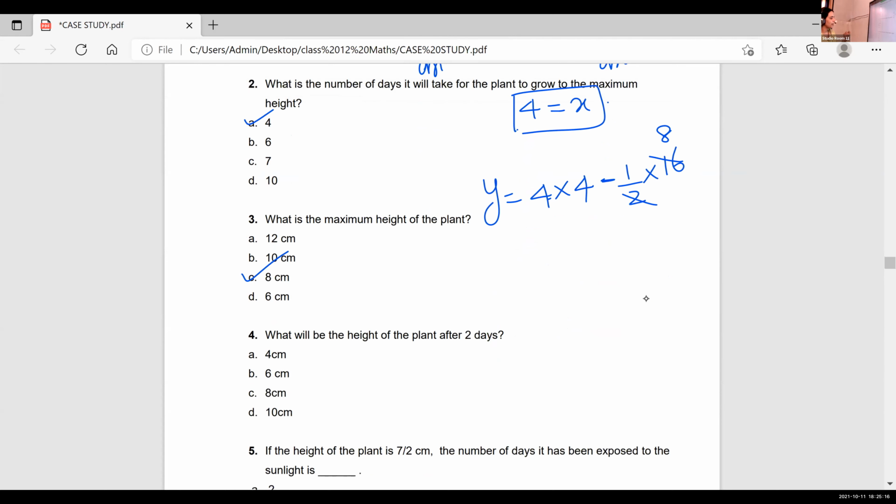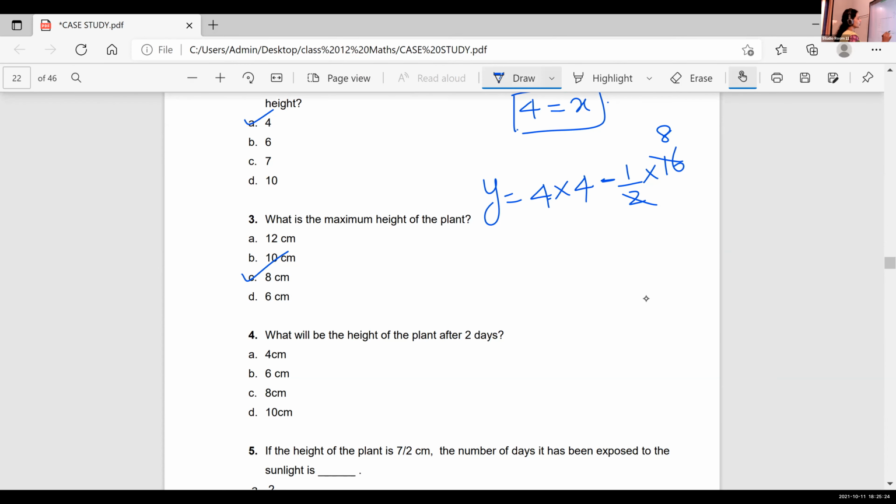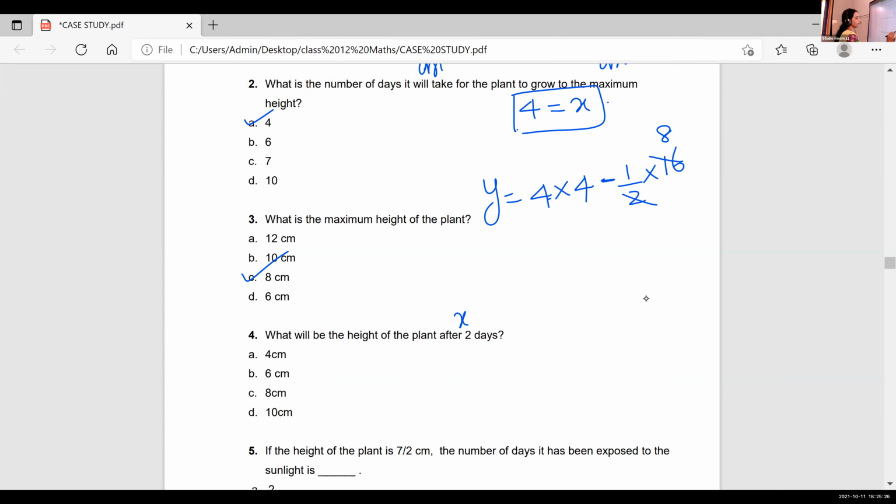What is the height of the plant after 2 days? That means when x is 2. When x is 2, what is the value of y? What's the function? Y is equal to 4x minus half x square.